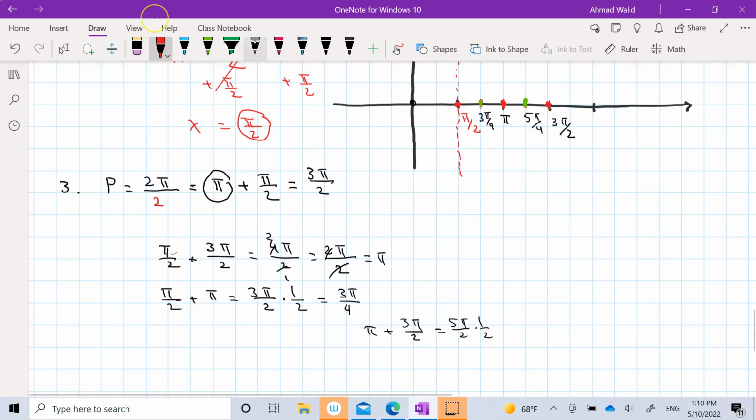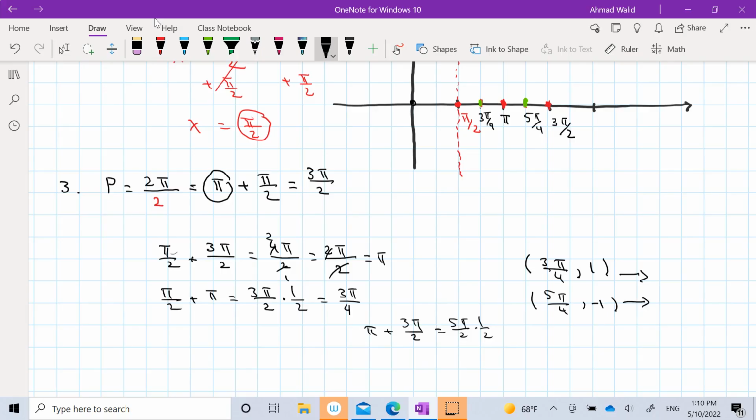Key points for this graph will be the quarters. The first quarter, which is 3 pi over 4. Usually, with the standard graph of sine, it's 3 pi over 4 and 1. The first one is positive. And in the third quarter, it will be 5 pi over 4 and negative 1. But you need to find the new key points.